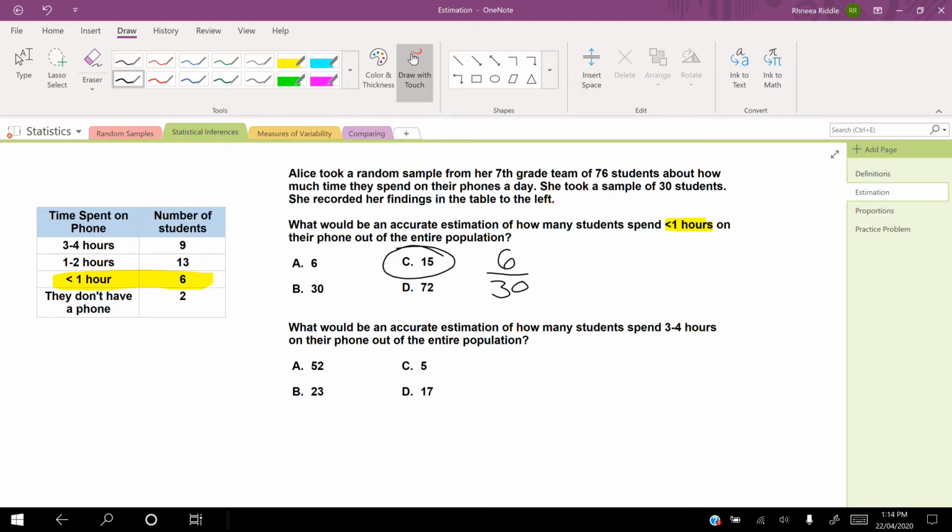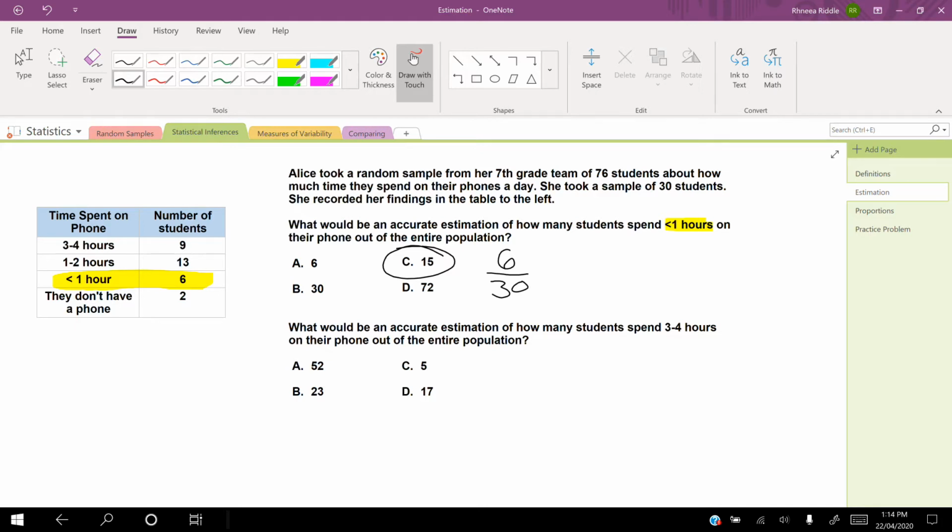The same thing with 72, that is super duper close to 76. So even if we added up the other students that are on this chart and say every single other student in the classroom spends less than an hour that were not sampled, we would still have more than the 76 needed if D was correct.